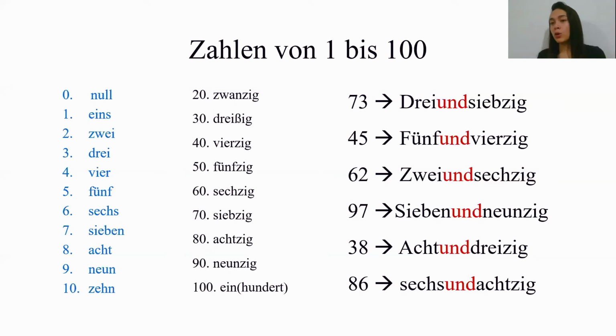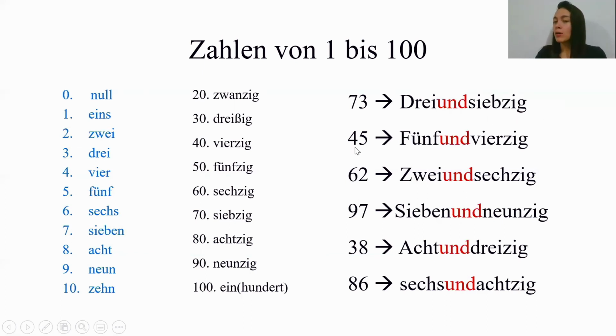So now that we know how to count by tens, and since we also know how to count from 0 to 10, we can build any other number. For example, 73. As I said, we take the 3, we put und between them, and then we add the 70. 73.